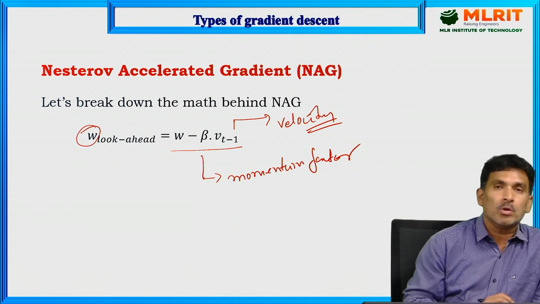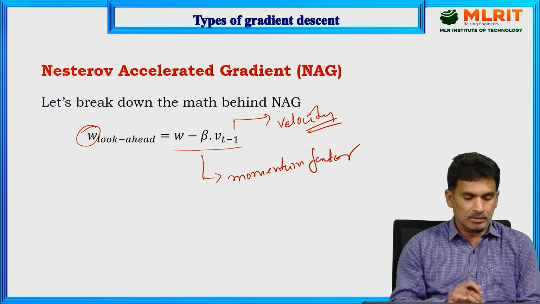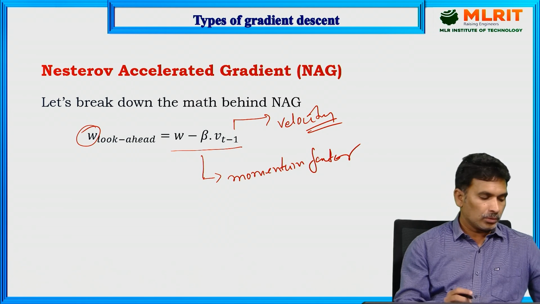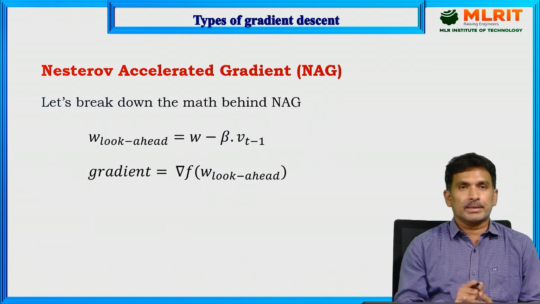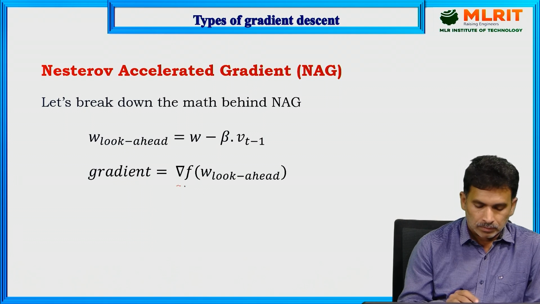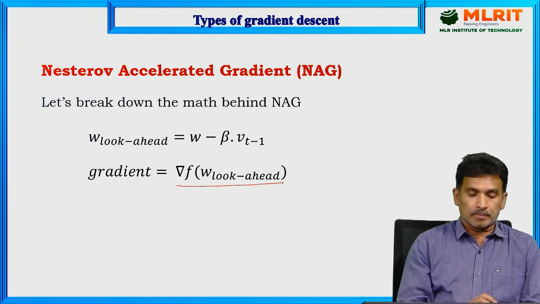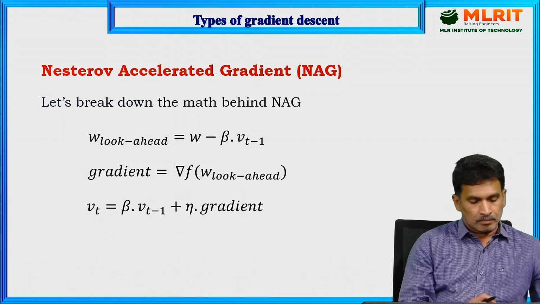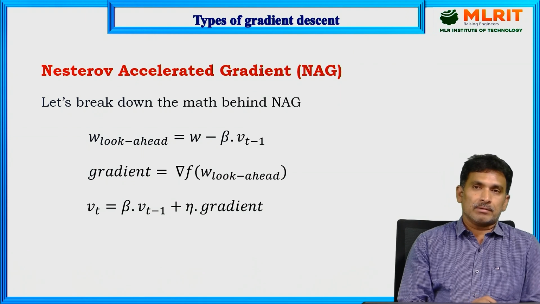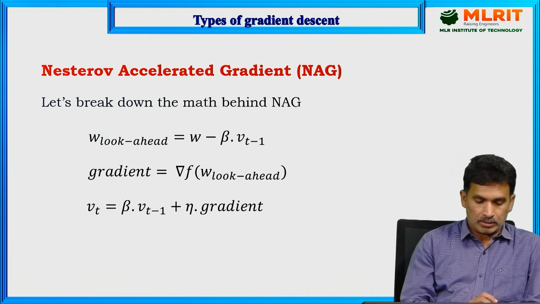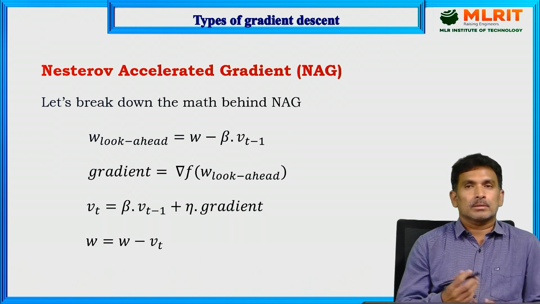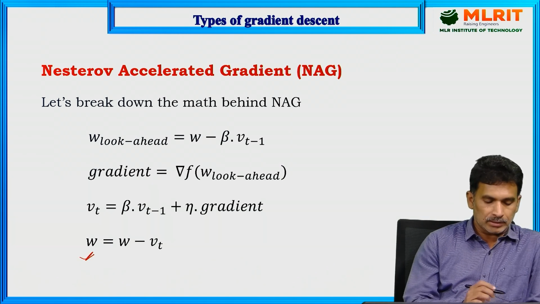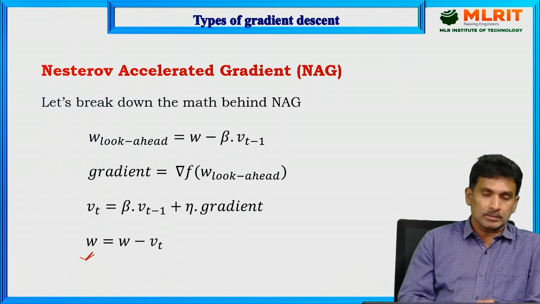We are talking about the weight or the parameter weight. So it finds the look ahead and then calculates the gradient with respect to this look ahead point, and then the velocity is updated like this, and then it updates the weight, that is W equals W minus Vt.